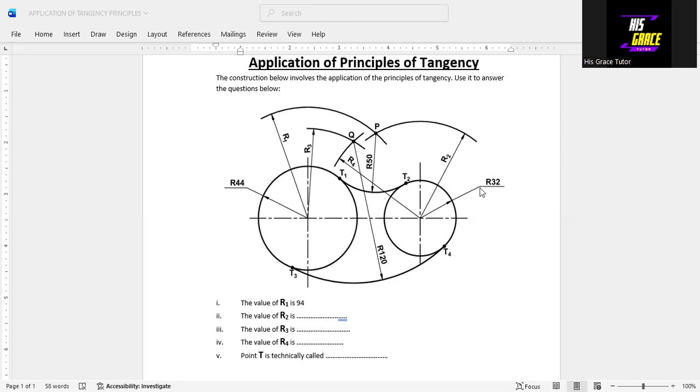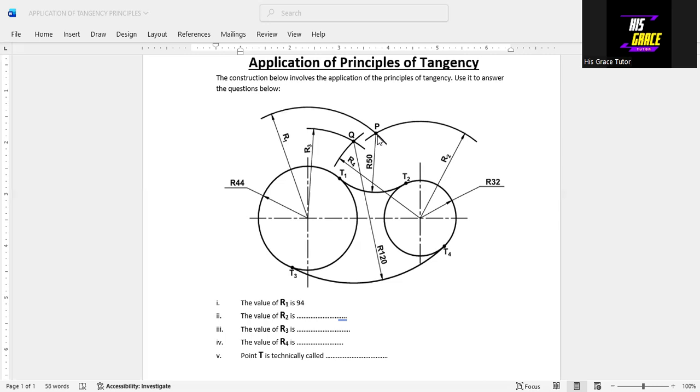Once you have R1 as 94 millimeters and R2 as 82 millimeters, you take a compass, take a measurement of 94 millimeters, put the pin at the center here, and draw this arc as we have it here. Then you take 82 millimeters, put the pin at the center here, and draw this arc as we have it here, and both arcs intersect at this point.